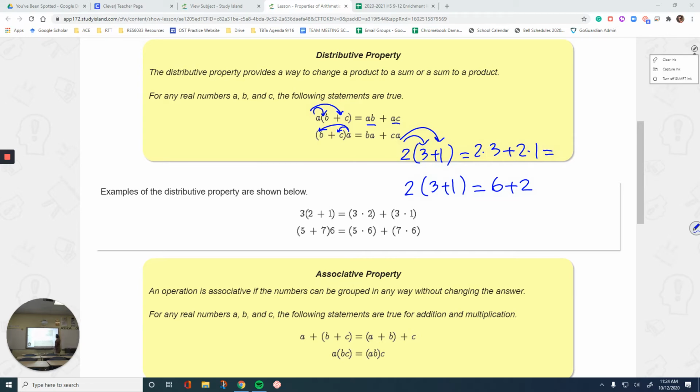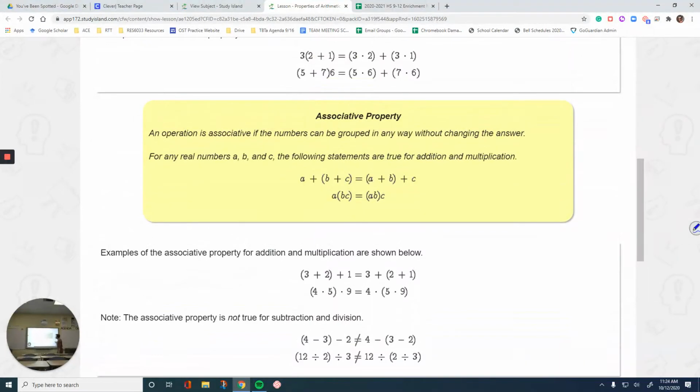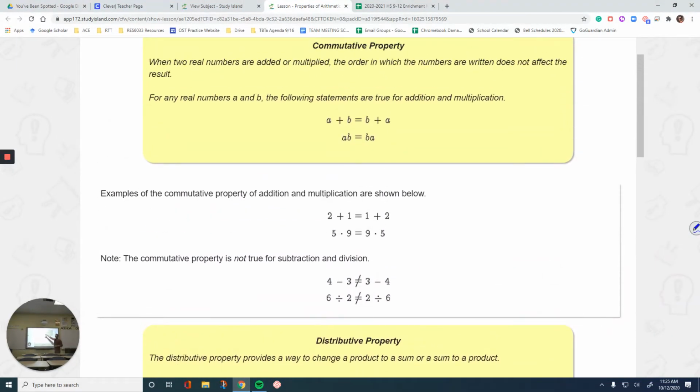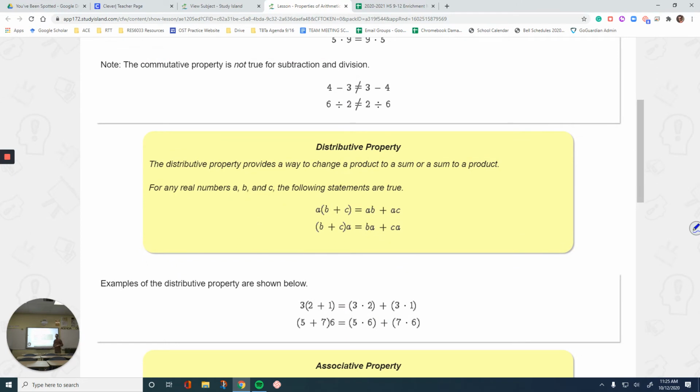Moving on to associative property. Again, let's just quickly go over this one. With commutative property, terms switch around, they commute, but the result stays the same. Distributive property, you just distribute it: whatever you have outside, you multiply by everything that's inside the parentheses.